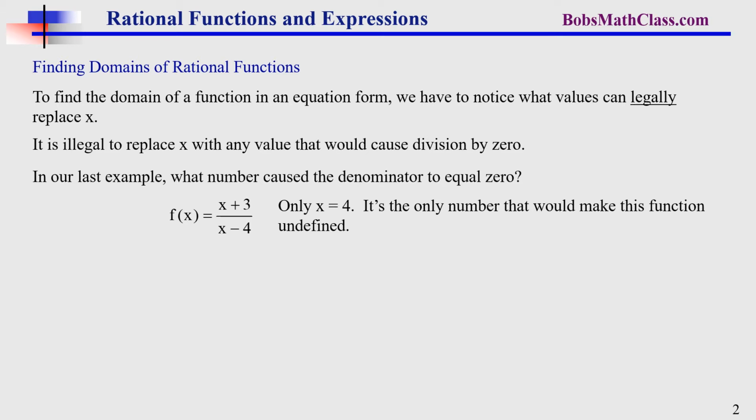Isn't that right? Any other number you plug in for x, it's going to give you an answer, except for 4. 4 is the only one that's going to make it undefined. There's no other number. You can plug in anything you want. There's no other number that will make it 0 on the bottom, except for 4.